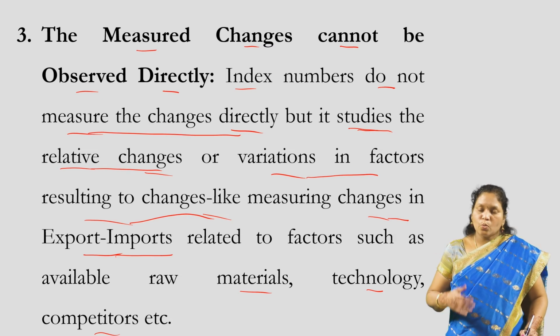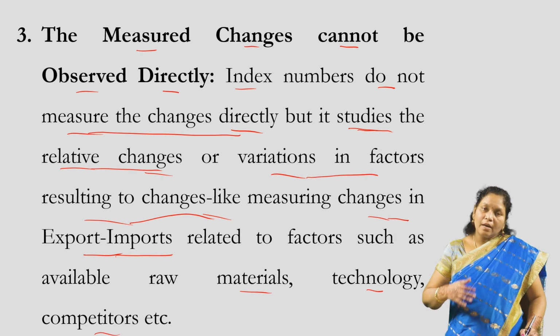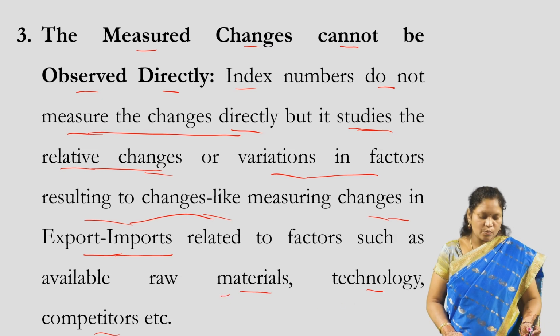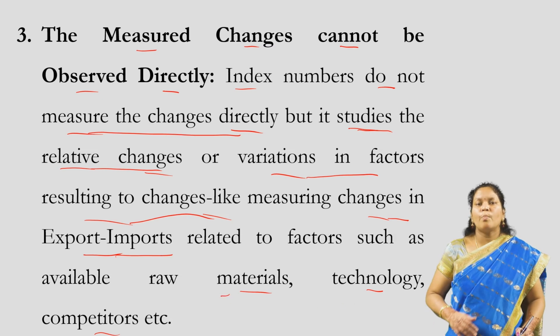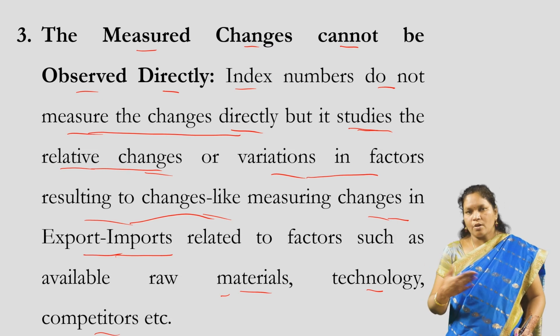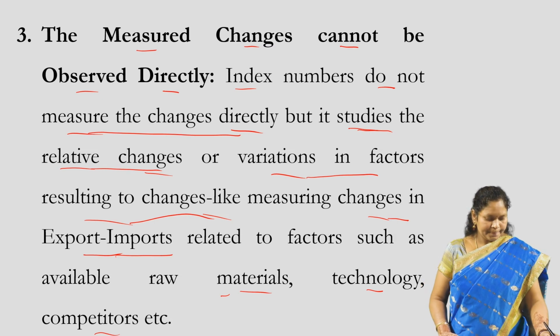Whatever relative changes we have, based on the exports, imports and factors which are impacting them, like raw materials, technology and outside competitors, based on them we'll try to find it out. That is why directly it will not give the result. So that is your third point.